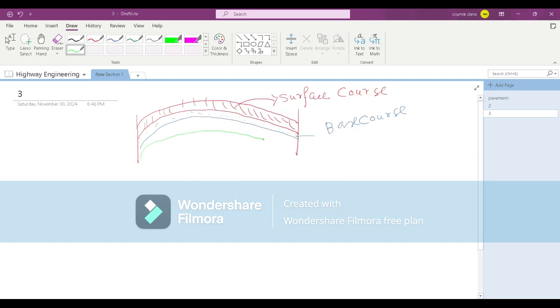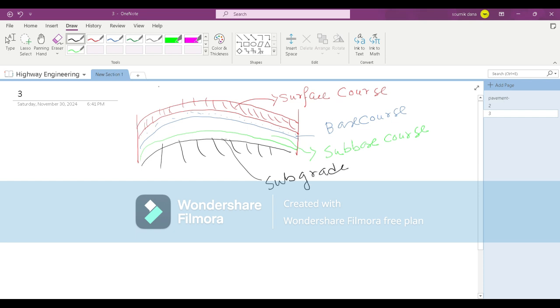Now this is the sub-base course, and this is the subgrade. This part is subgrade. Now we discuss the thickness of the pavement layers later.